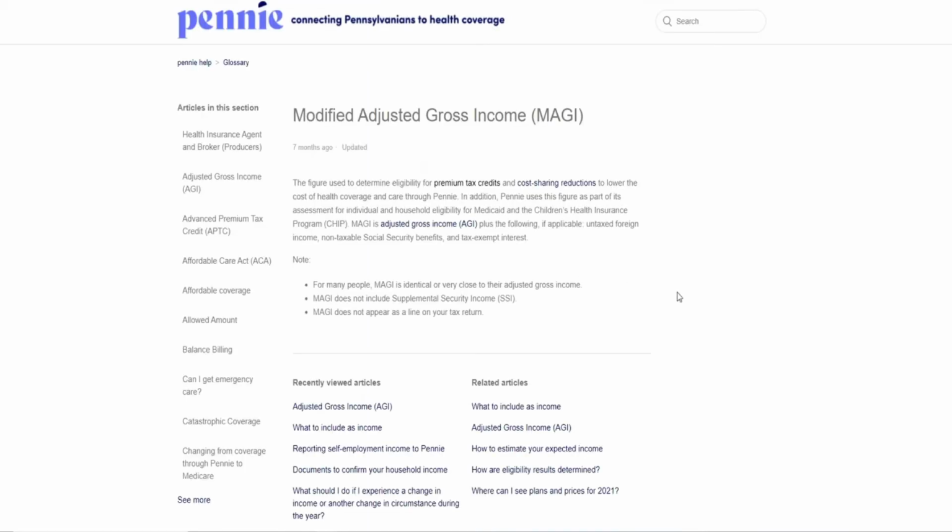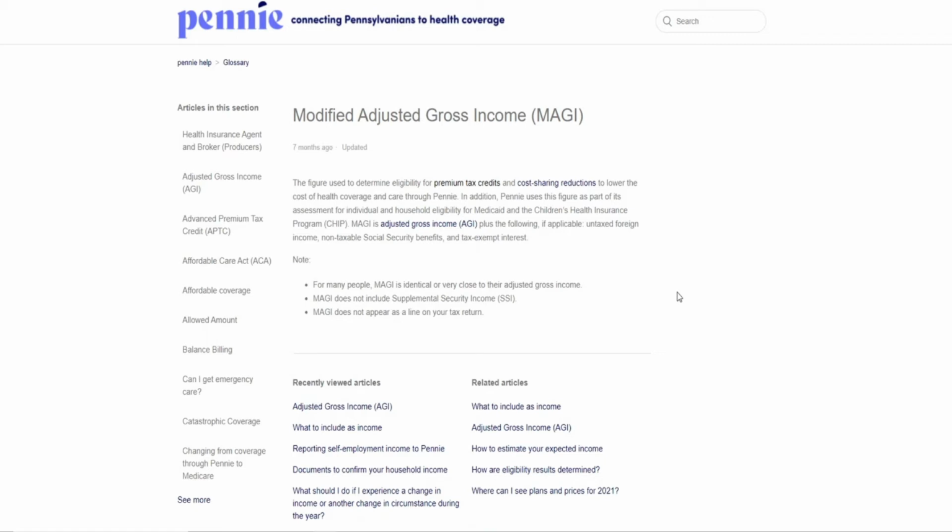Now, the modified adjusted gross income is, again, where you sort of project, as a customer, as someone who assists customers, where you would conservatively project where that individual's income may change.